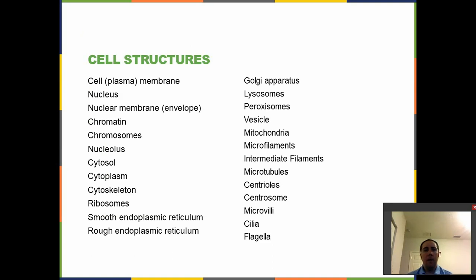Okay. So we have a very long list of cell structures here. We are going to talk about, I think I went through this earlier, I believe there is only one of them that we are not going to talk about. And that is a vesicle. A vesicle is a storage place in the cell.